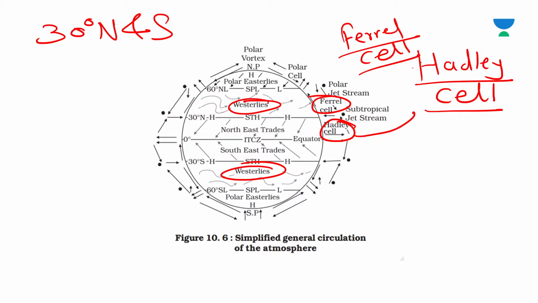Now, in the middle latitudes, the circulation is that of sinking cold air that comes from the poles and the rising warm air that blows from the subtropical high.